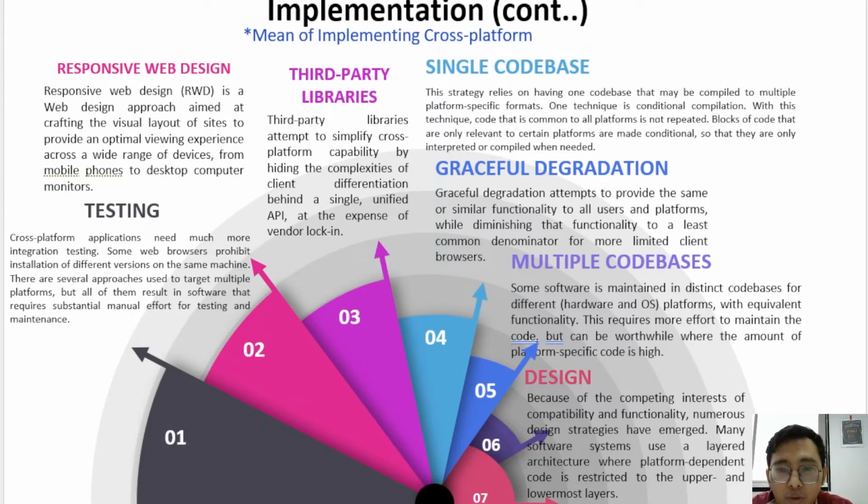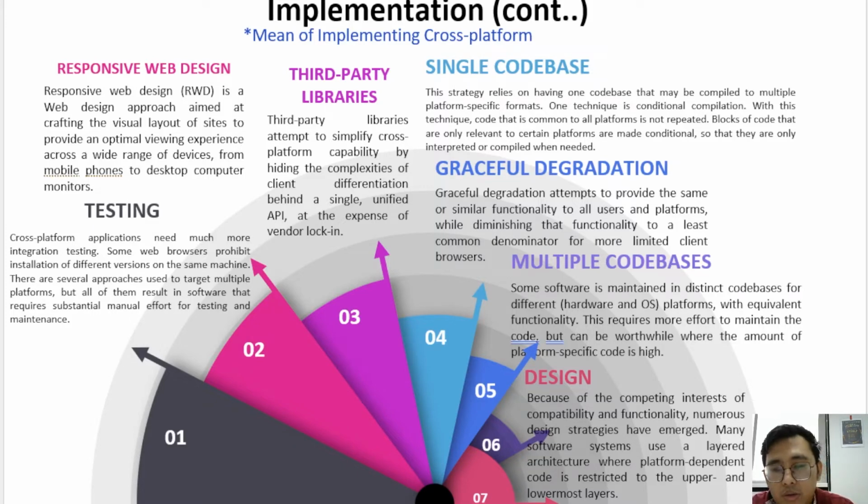We also need to focus on our single code base, where the strategy is to have the whole code base in one single compliant code base. This technique can conditionally be done, but it is not available for all platforms.